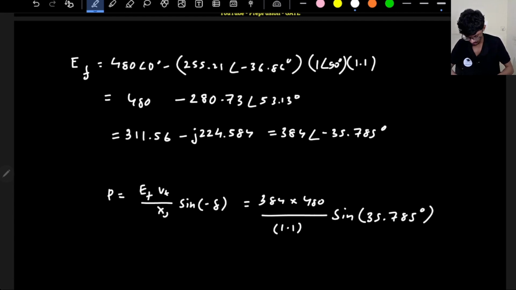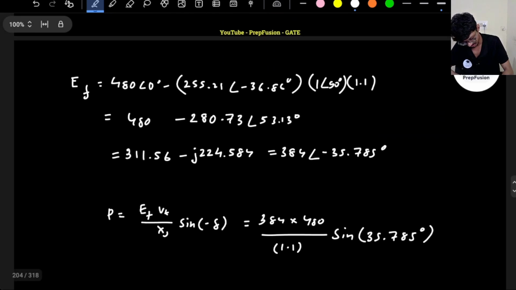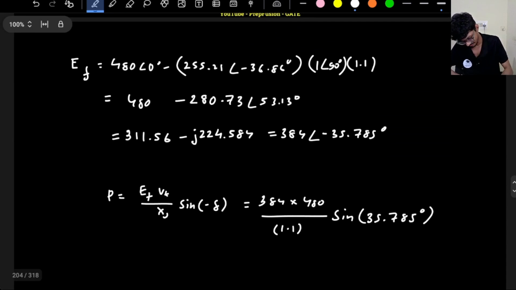So sine of this, divided by 1.1, into 480 into 384, comes out to be something like 97,000. Is it correct? It's kind of not correct. What is wrong?